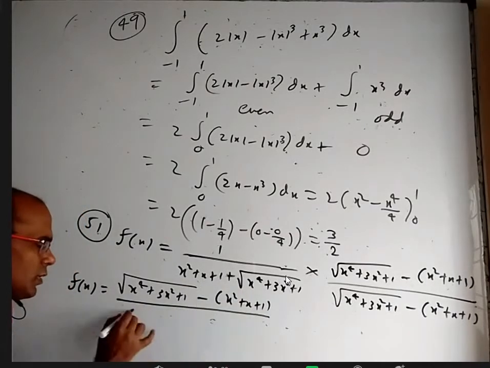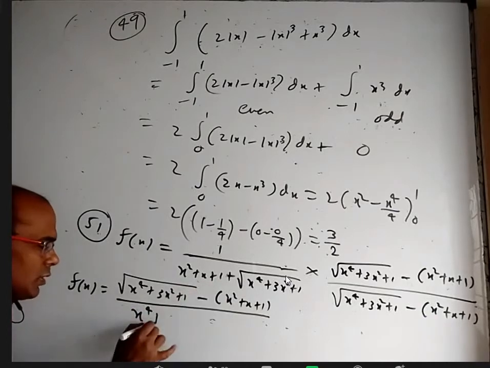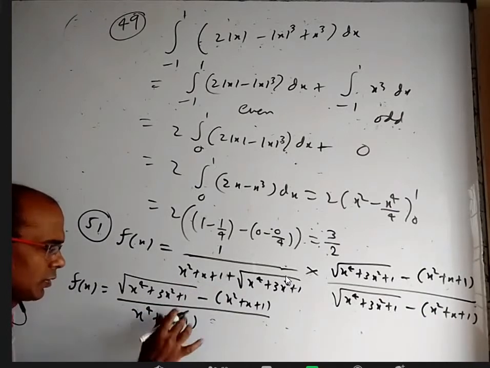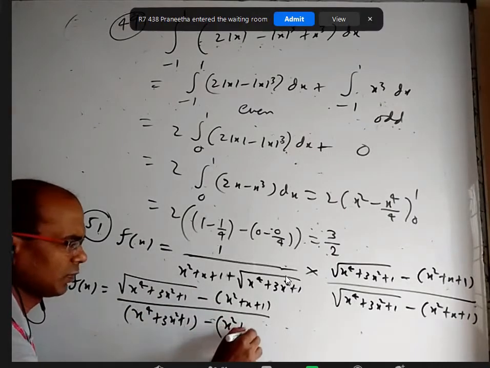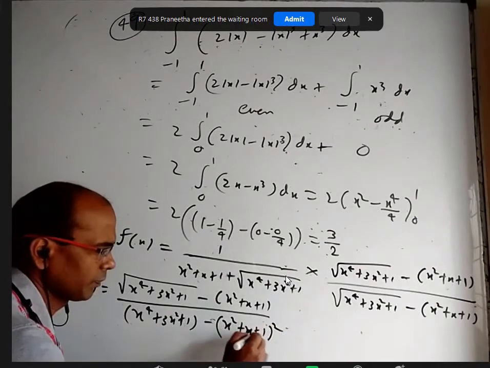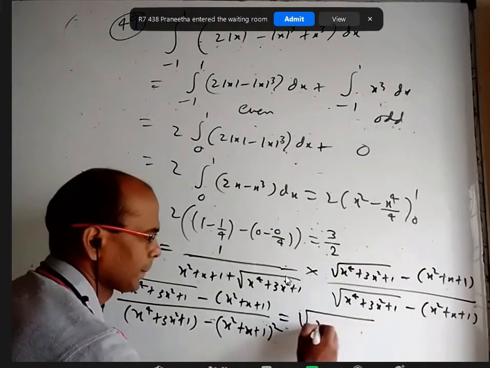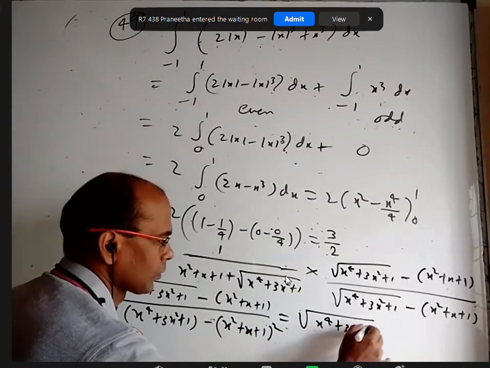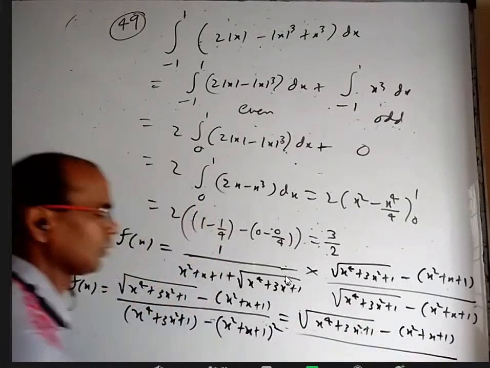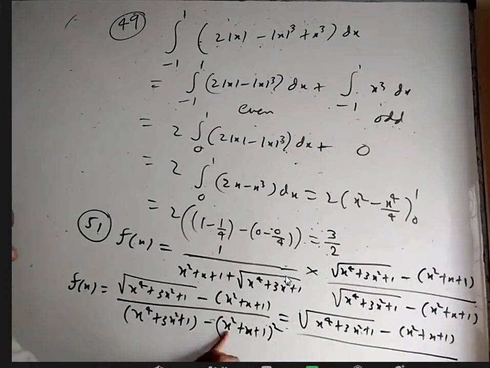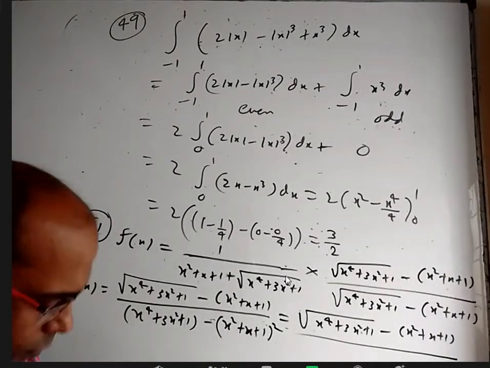A plus b into a minus b. So I'll get the square of this is x power 4 plus 3x square plus 1, minus the square of this, x square plus x plus 1. When you expand, x power 4 will cancel.